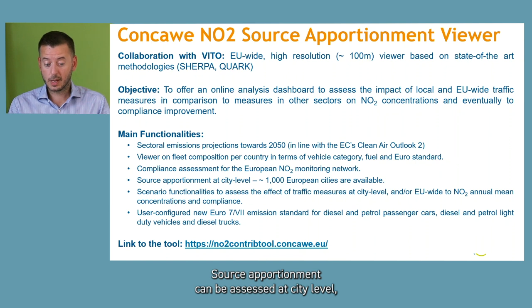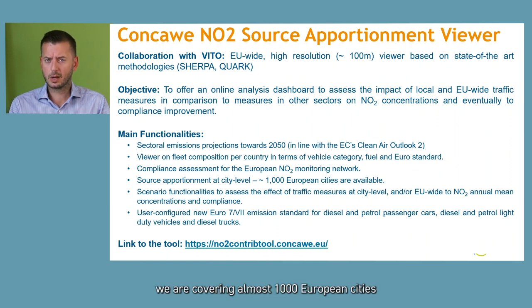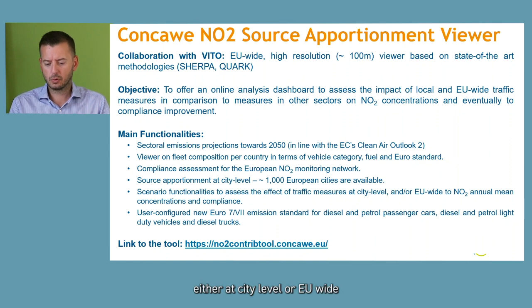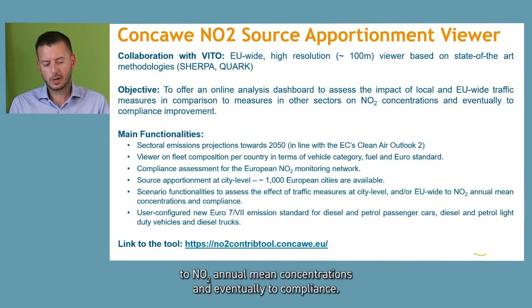Source apportionment can be assessed at city level. We are covering almost 1,000 European cities in the viewer, and we have several functionalities in order to assess the effect of traffic measures, either at city level or EU-wide, on NO2 annual mean concentrations, and eventually on compliance.